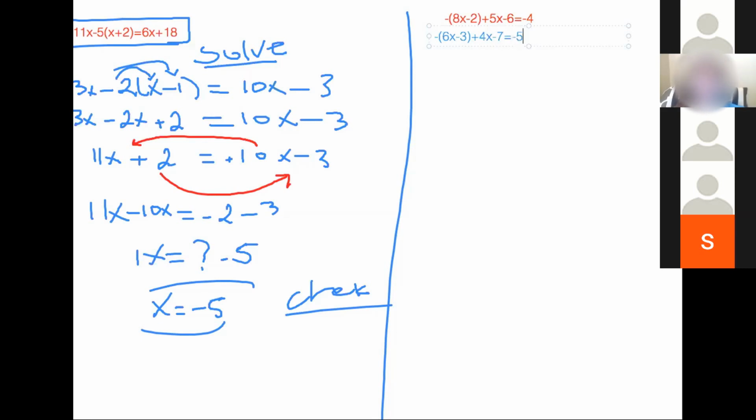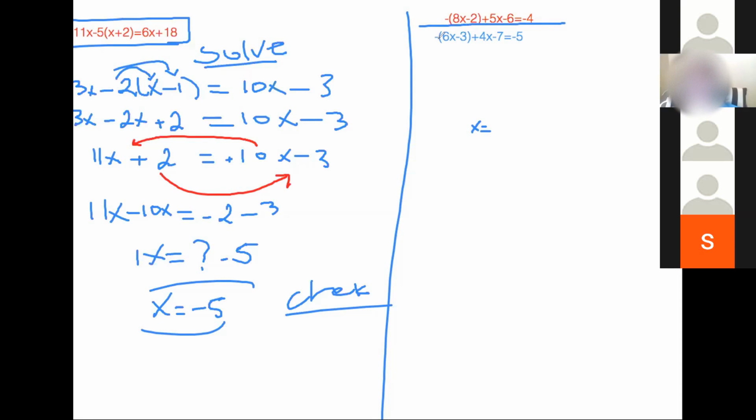Okay, something quite similar. Let me do this one. What do you think we do first? We want to get the x by itself. So where do you start from? Parentheses. That's right.